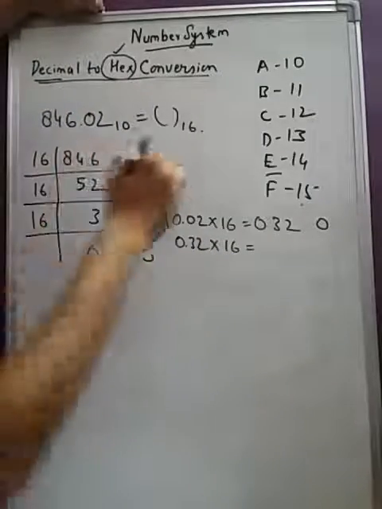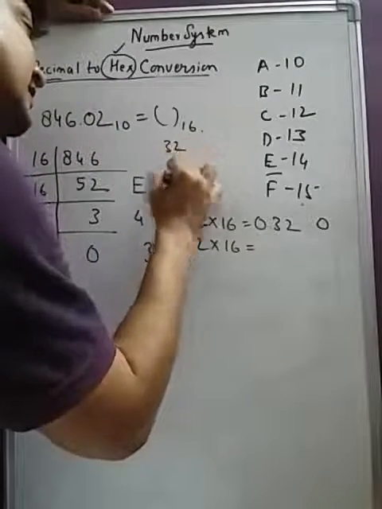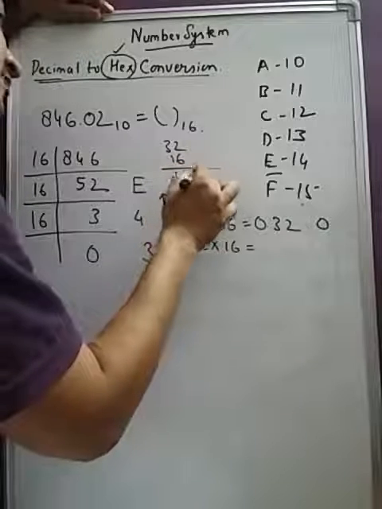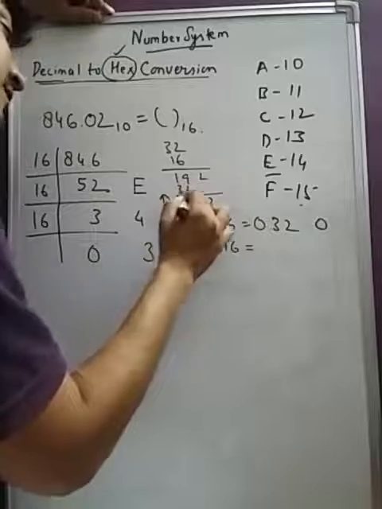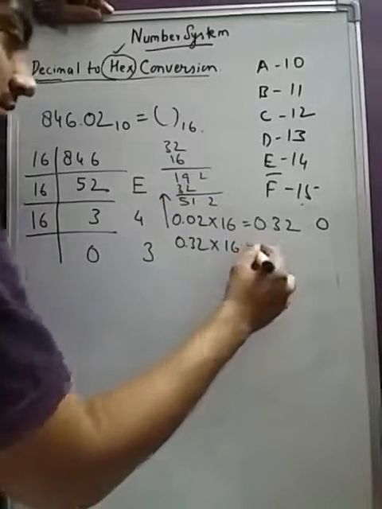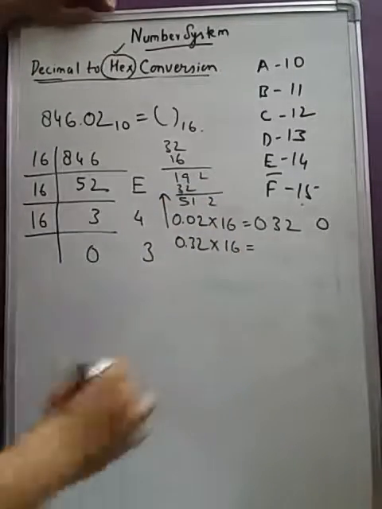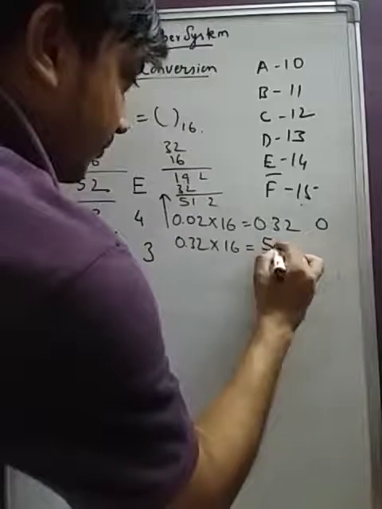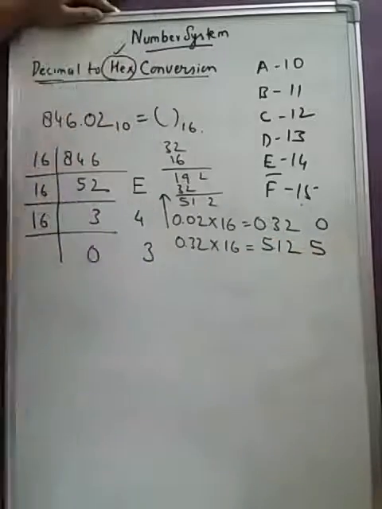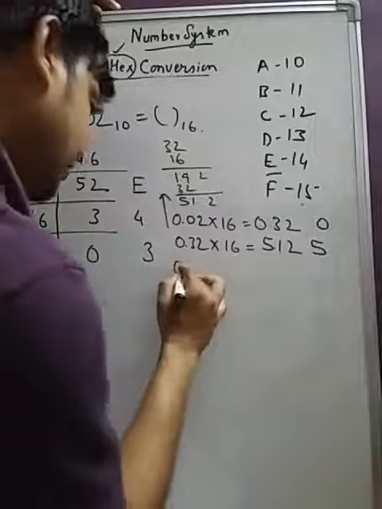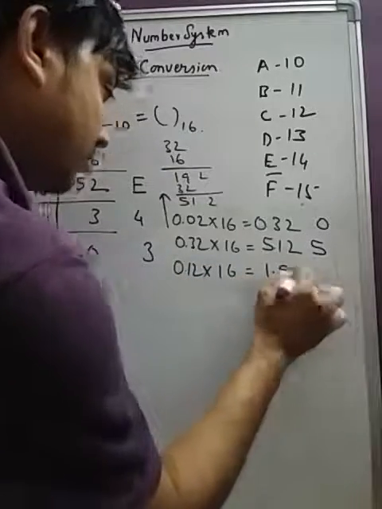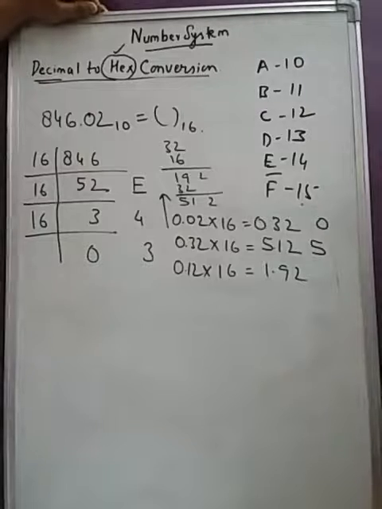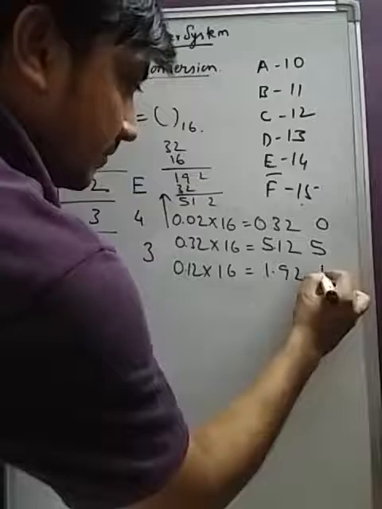So again you have to multiply 32 with 16. 16 2s are 32 and 16 3s are 48, so 192 will be there, 5.12 will be the result, and 5 is the whole part. Next 0.12 into 16 is equal to 1.92. 16 2s are 32 and 16 is 192, so 1 will be the remainder.